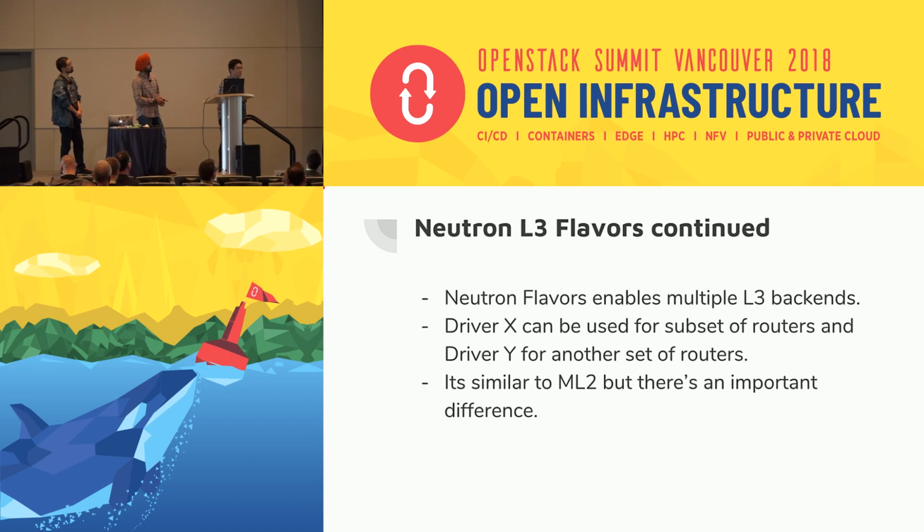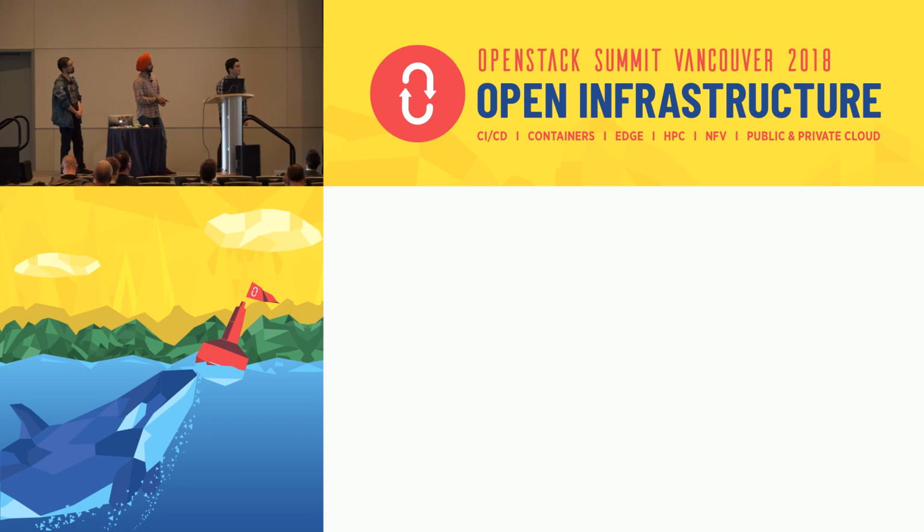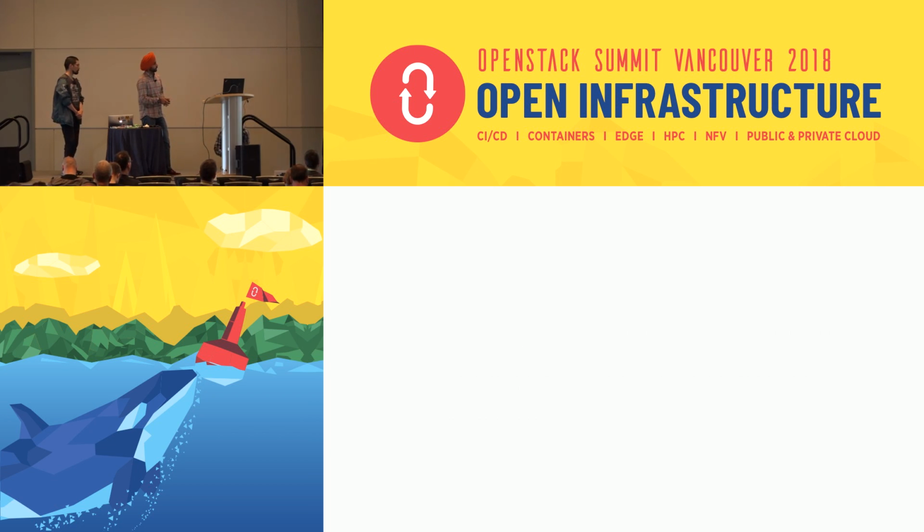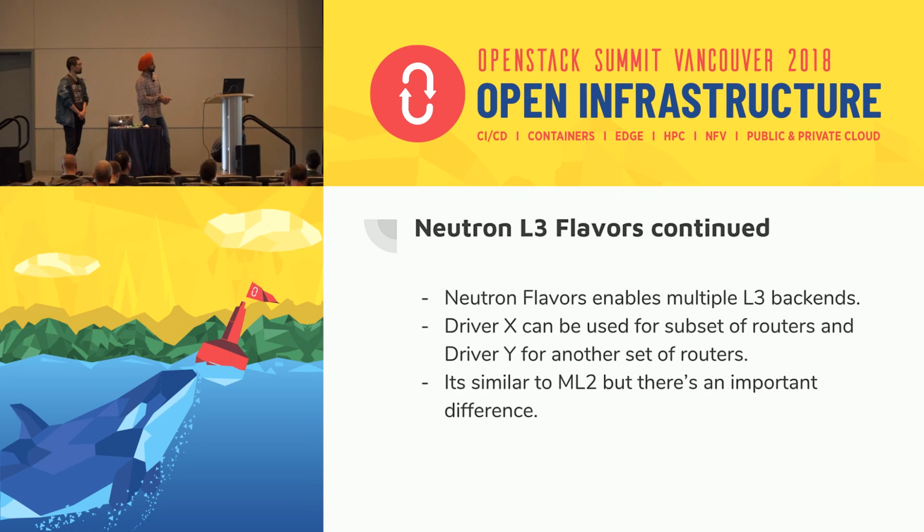ML2 will call all the drivers which are enabled, and all the requests for layer 2 operations will be handed to all the drivers. But in the case of the layer 3 flavors framework, the request will only be dispatched to the associated driver, and other drivers will not be notified. So with that, I'll pass the mic to Yamamoto.